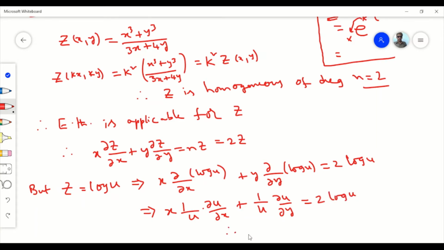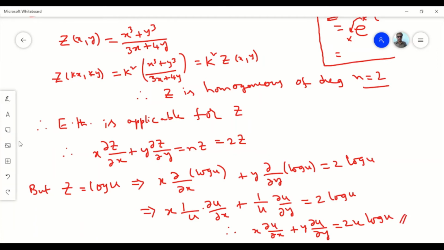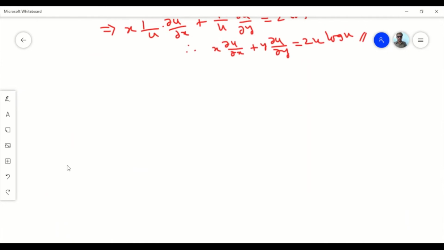Therefore, x dou u by dou x plus y dou u by dou y must be 2u log u. Okay, so this is how we can apply Euler's theorem and solve some problems.